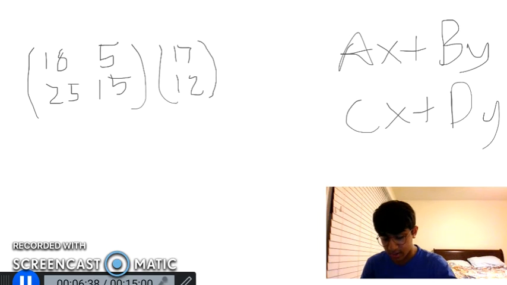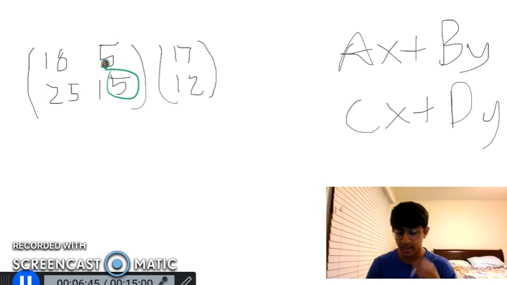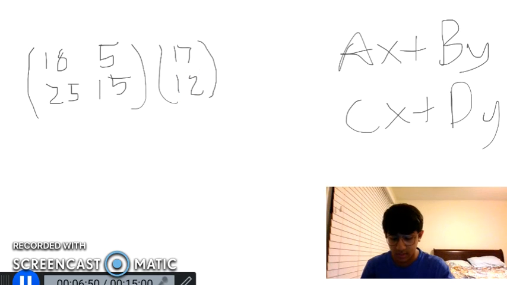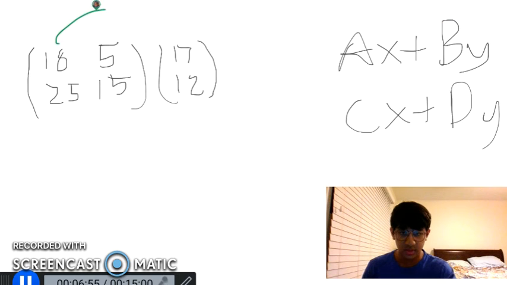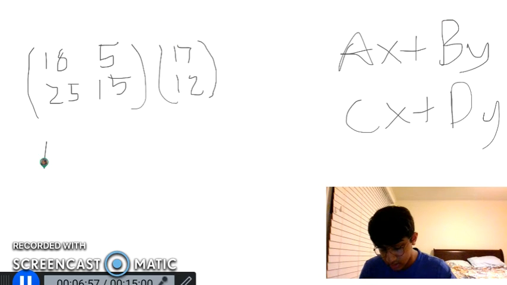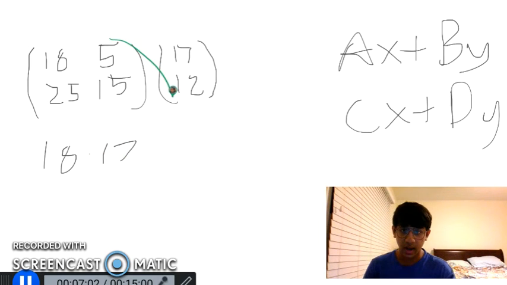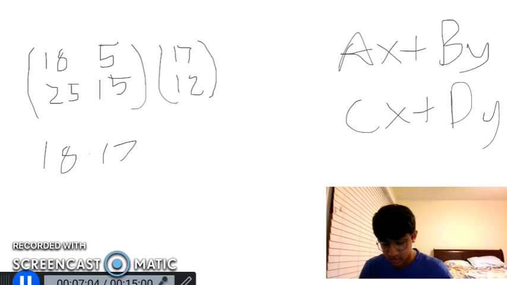And so right here we have, that's your A, 18, that's your B, 5, C is 25, and your D is going to be 15. And that's going to be your X right there, that's your Y. And so first off, in order to fulfill AX plus BY, I have to do 18 times 17, which is going to be your A times X. So 18 times 17. And I have to do my 5 times 12, which is going to be plus 5 times 12.